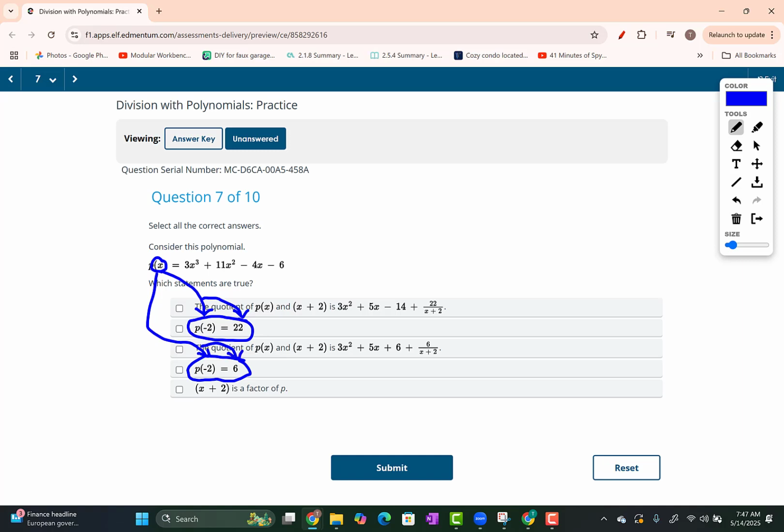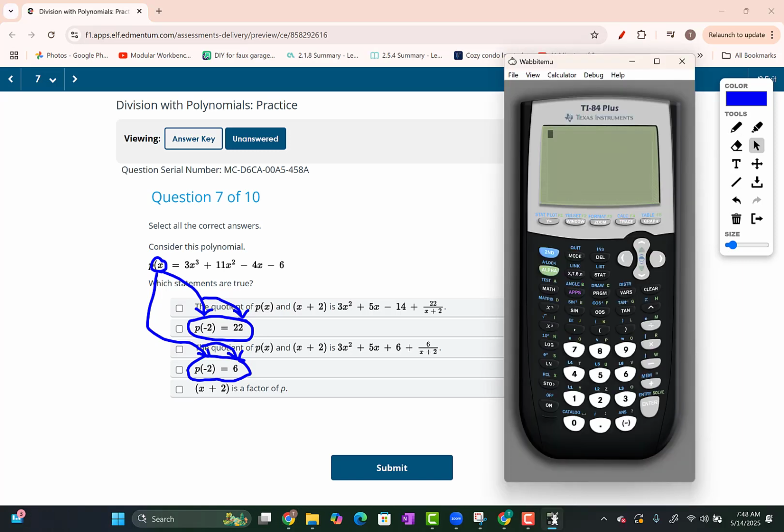I'm definitely going to use the calculator to help me out on this one. So I'm going to type this problem in, and everywhere I see an x, I'm going to replace it with parenthesis -2.